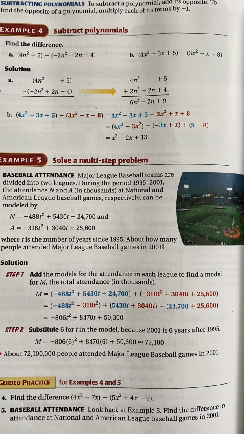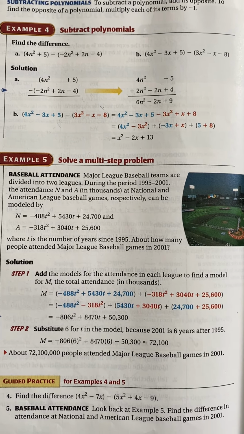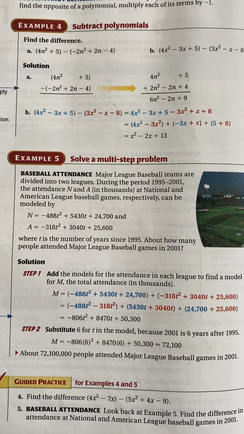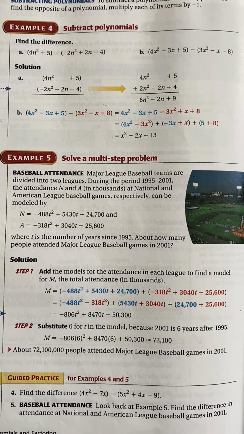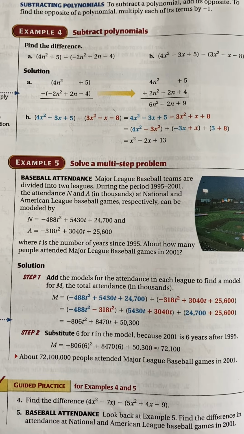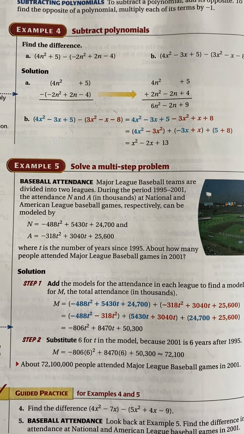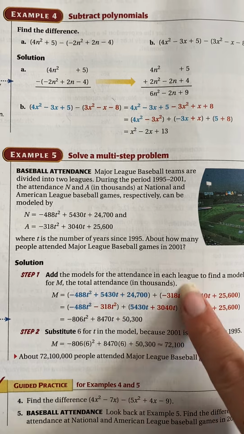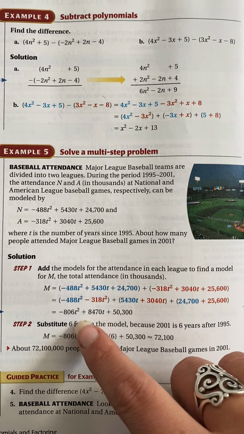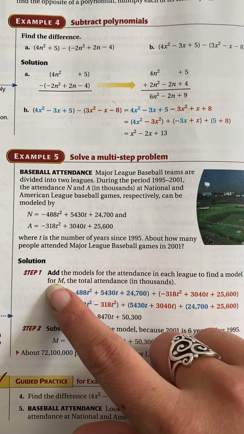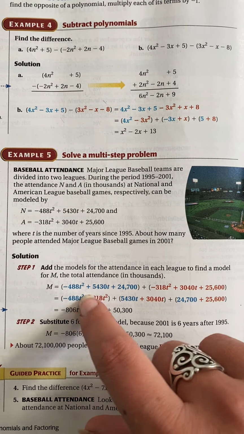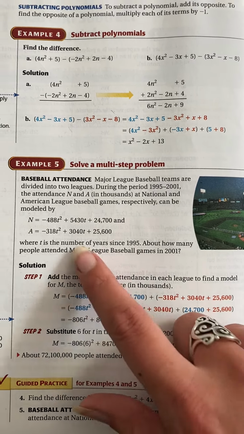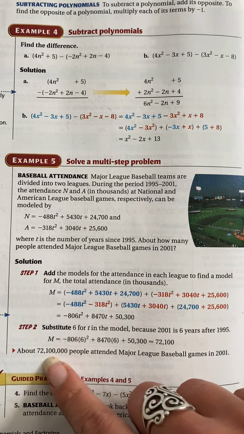This last problem is just about baseball attendance. We have a polynomial to describe the different baseball attendance, and they want us to add them to see what it is at both the National and the American League baseball teams.